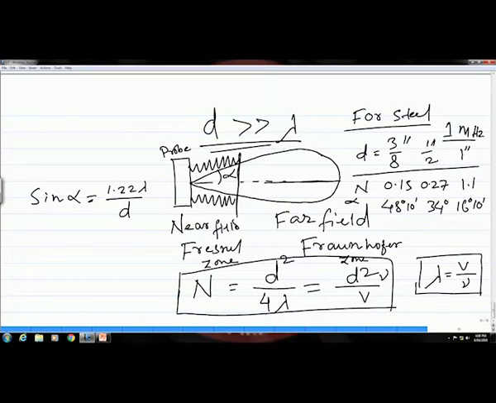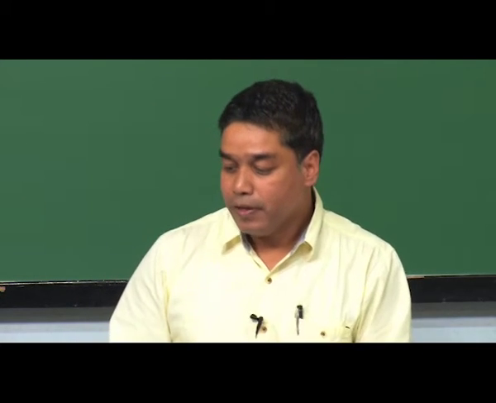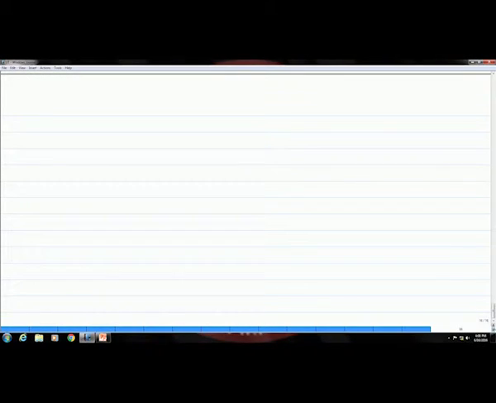Okay. So, this is how for a particular material, as you vary the size of the probe at a particular frequency, the near field and the far field would change. Now, these near field fluctuations have some implications on the ultrasonic testing.